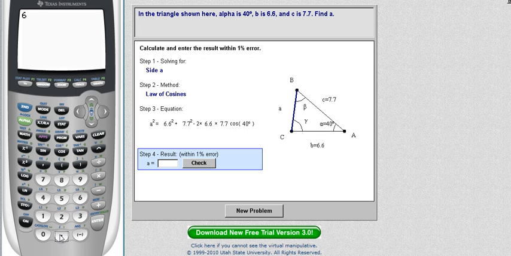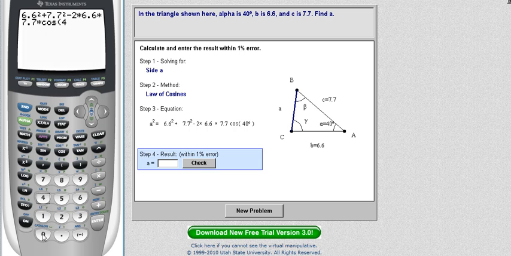6.6 squared plus 7.7 squared minus 2 times 6.6 times 7.7 times cosine of 40 degrees.